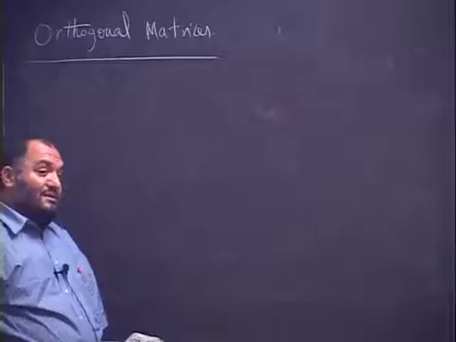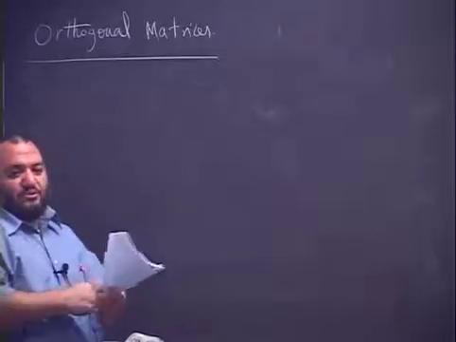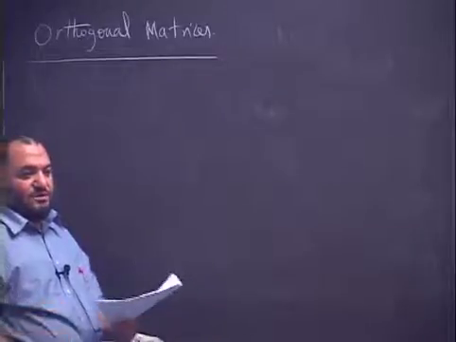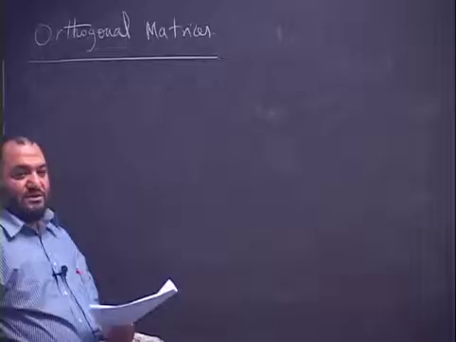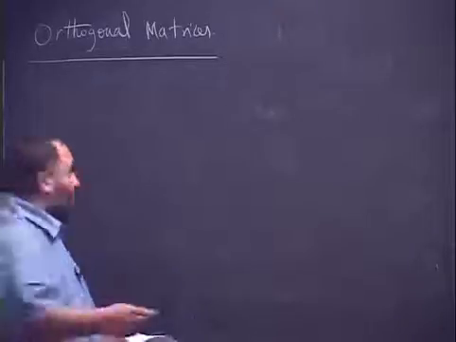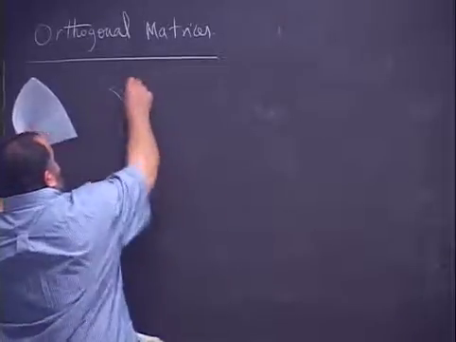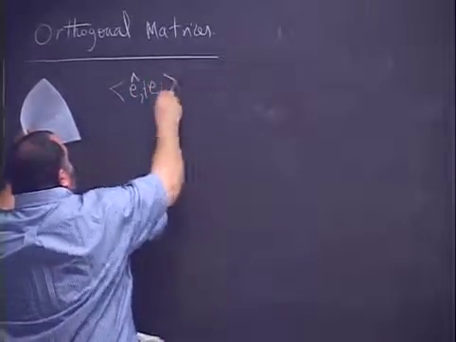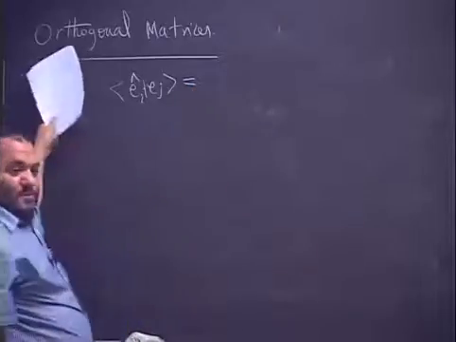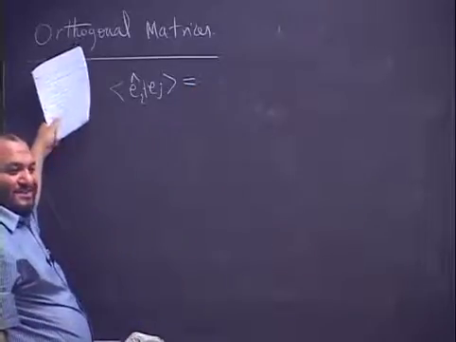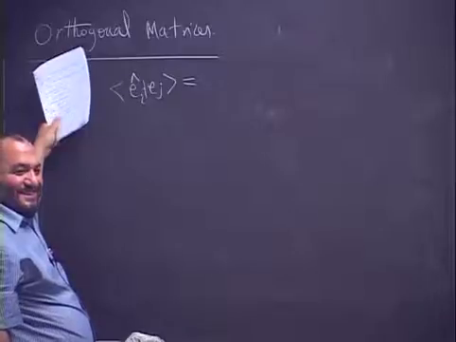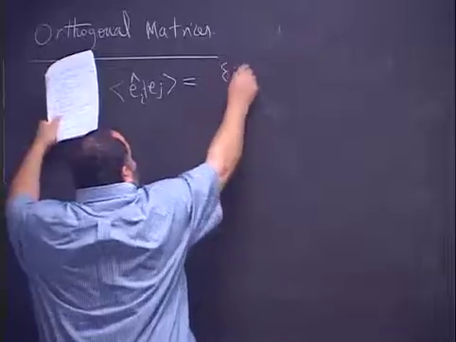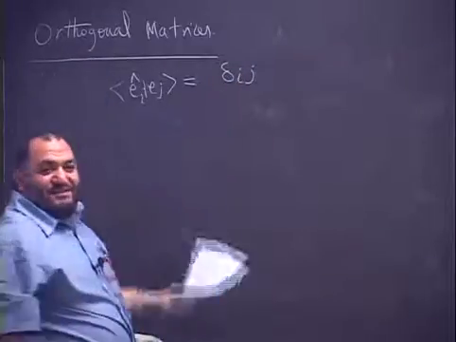Yeah, but orthogonal means perpendicular. So if you take the dot product for, let's say, two orthogonal vectors, it will give you what? If you remember the set of orthogonal bases, what is it equal to? Without looking into the notes. Do you remember this?